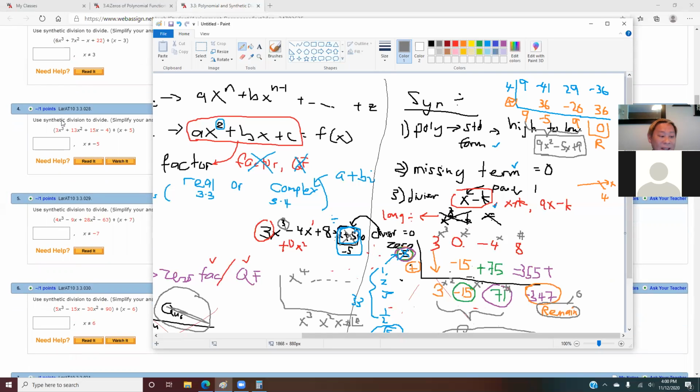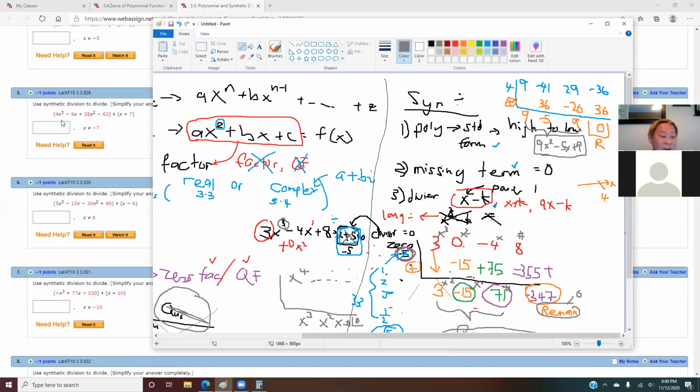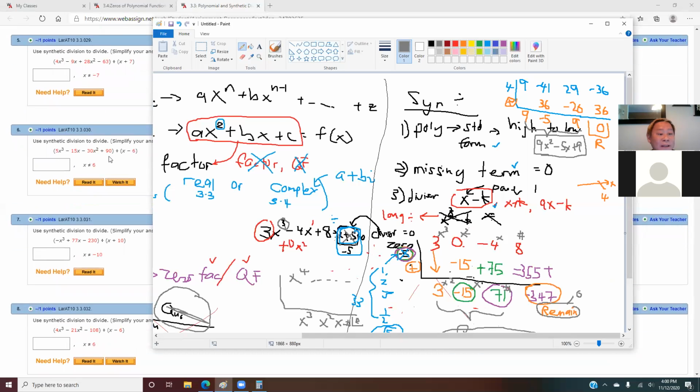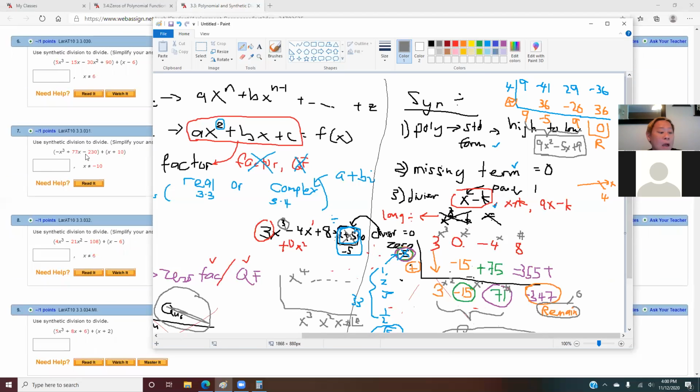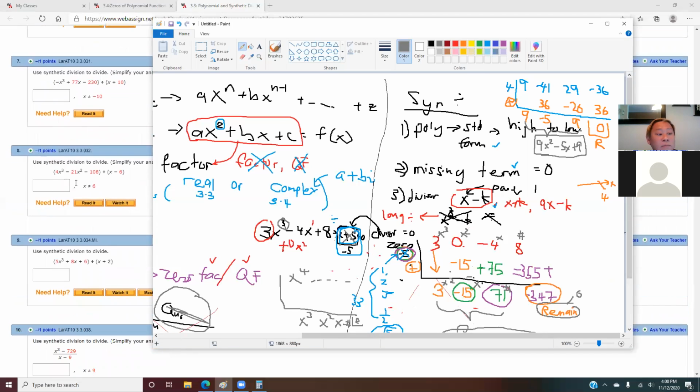Can we try the one that's not in order? Okay, that's good. Let's try number 6 yourself. Go ahead and do it yourself. Number 6, like the number in the parentheses in the front. Missing one. Then try number 8.